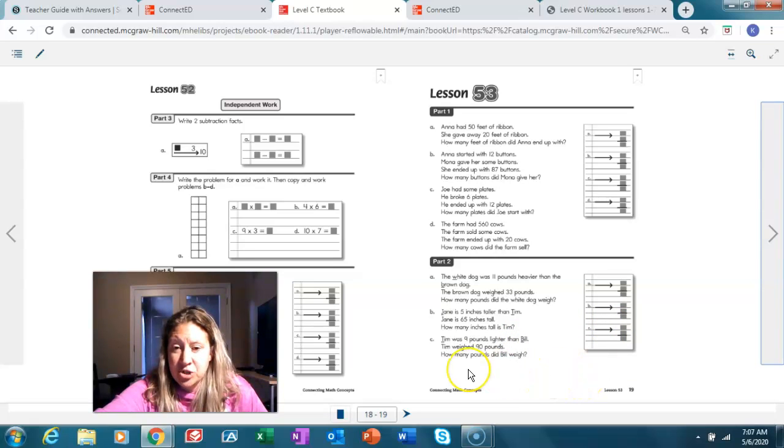And then which one are you going to replace, the T or the B? You're going to replace the T with 90. Go ahead and write down your problem and work it.